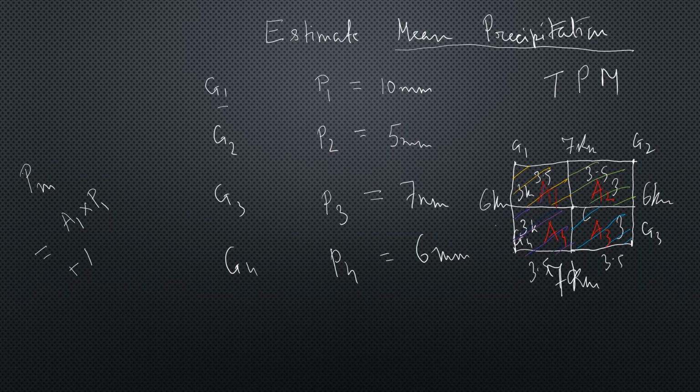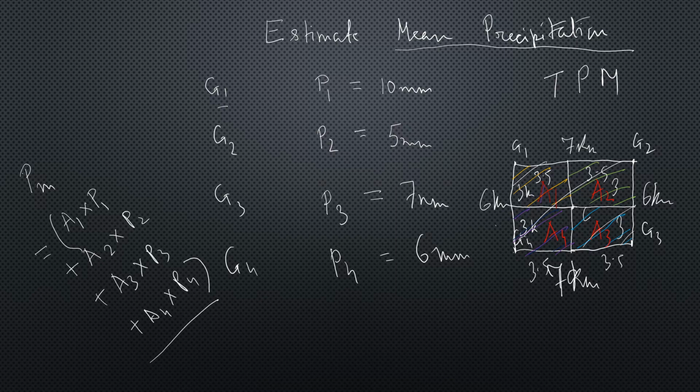Similarly, A2 multiplied by P2, A3 multiplied by P3, A4 multiplied by P4. This will be divided by the total area of the watershed, that means this entire rectangle. So it is given by A1 plus A2 plus A3 plus A4.